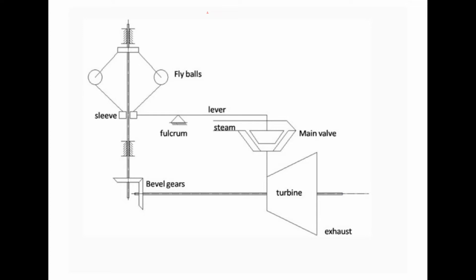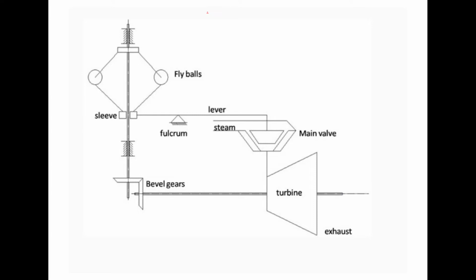The high pressure steam generates a high torque on the rotating shaft. Due to this, the rotating shaft speed increases, and the high RPM leads to outward movement of the fly ball away from the rotating shaft.